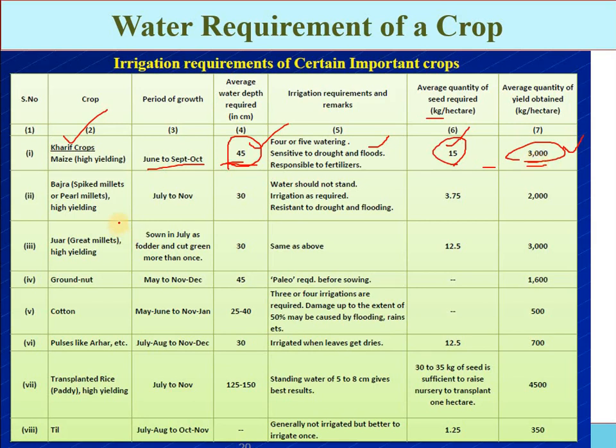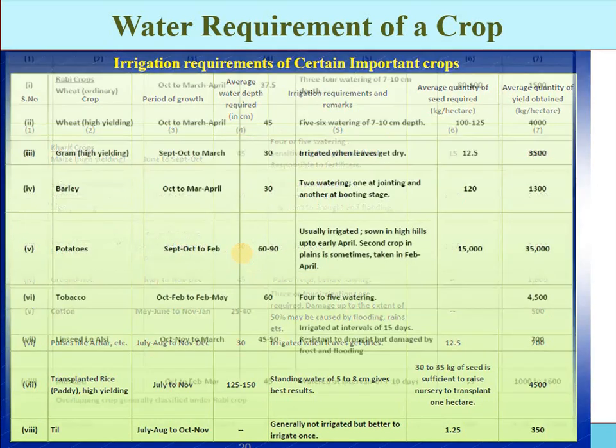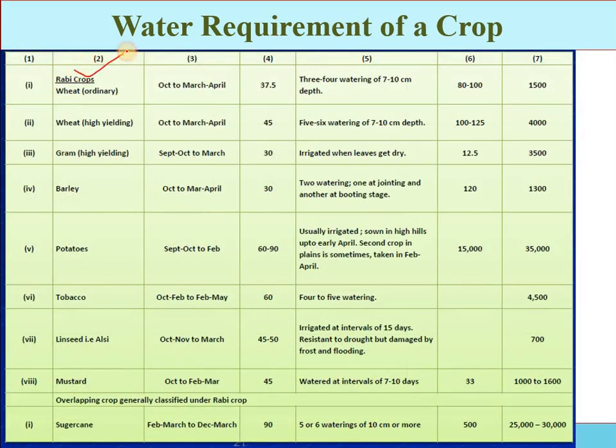So for different crops these are the different water requirements. The basic aim of our today's lecture is to determine these values for each and every crop at a specified locality. Also here we have the rabi crop. These are the irrigation water requirements, that is, how much water is utilized by different crops in one season.